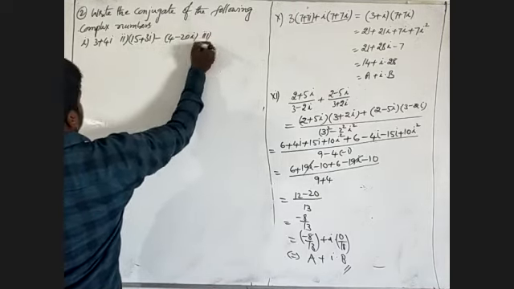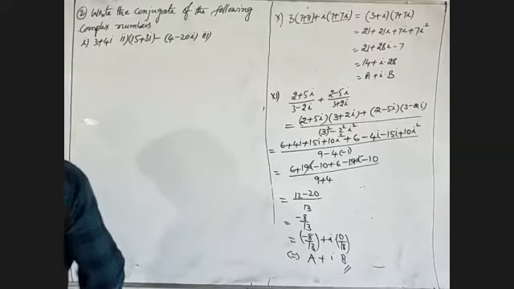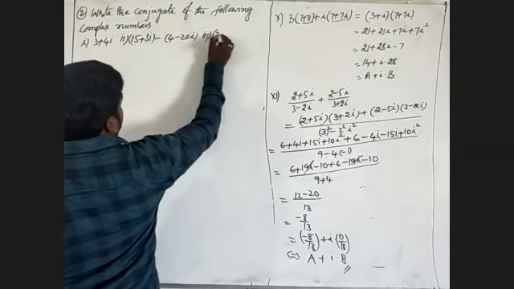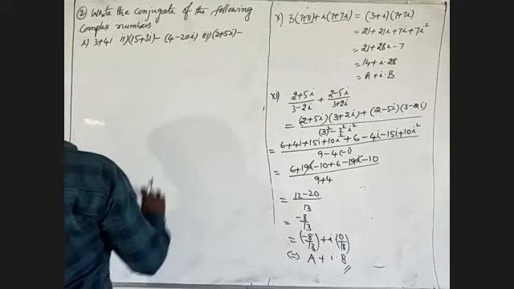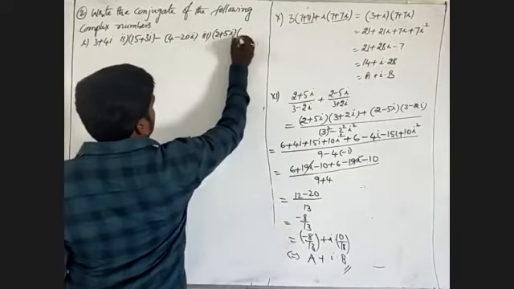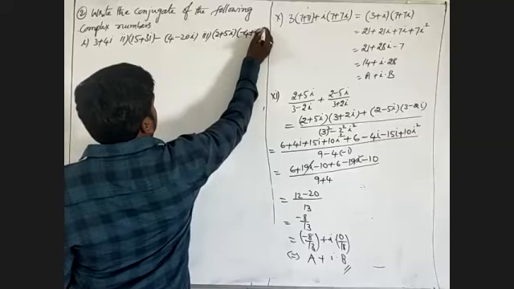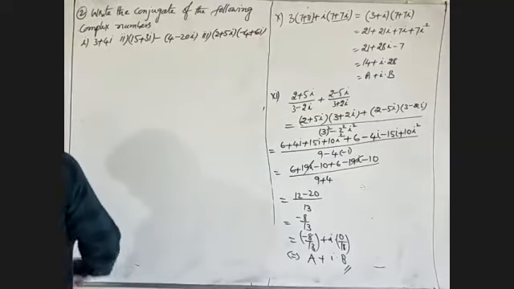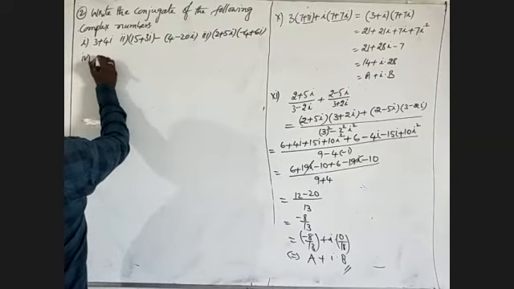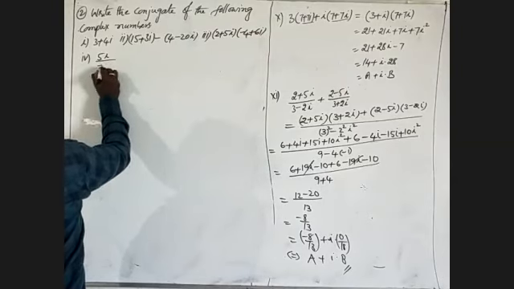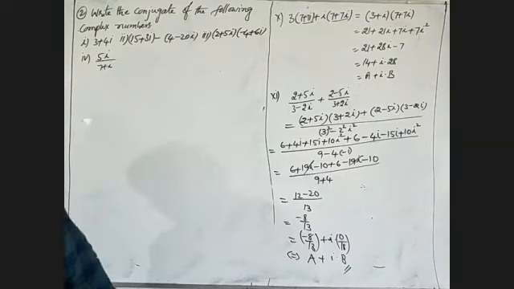Third one is 2 plus 5i into minus 4 plus 6i. Fourth one is 5i by 7 plus i.